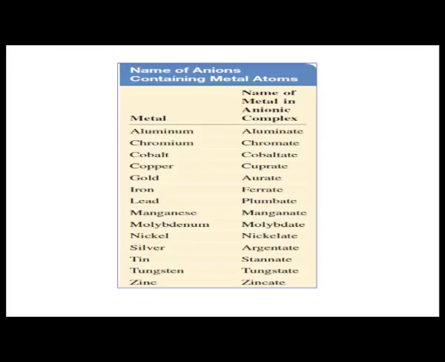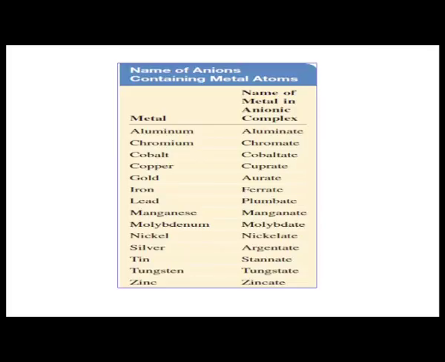So the name of the metal in an anionic complex: if it is aluminum, it will be aluminate; if it is iron, it would be ferrate; if nickel, nickelate; and if zinc, zincate. All these are very useful for very simple groups attaching. We have seen that copper can be in the +2 oxidation state and in the +1 oxidation state.